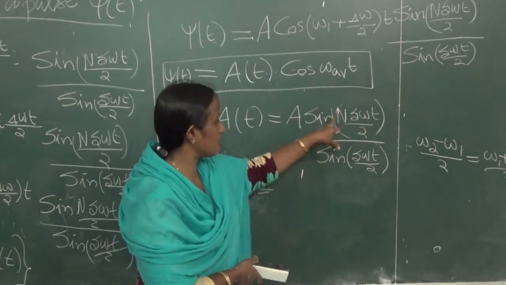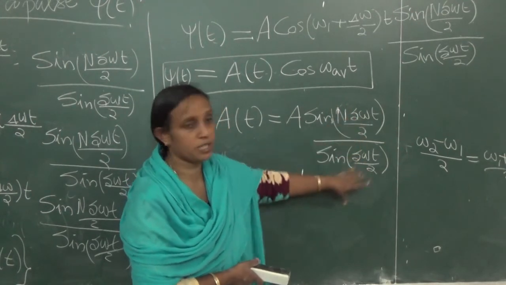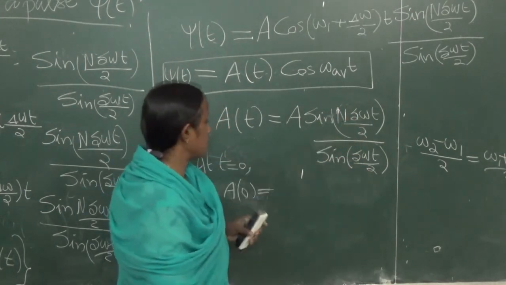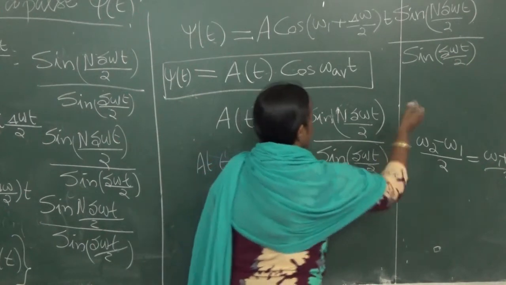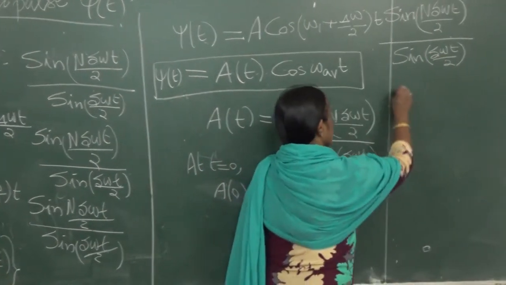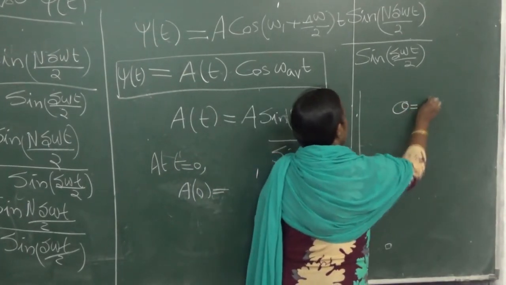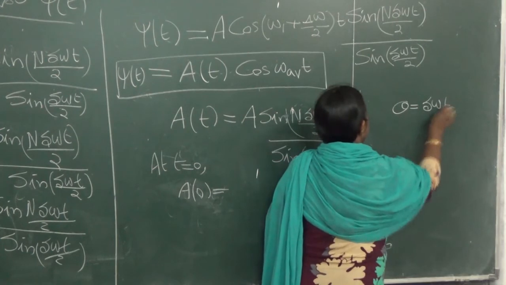What do we do then? We can expand these two sines in series. Suppose theta equal to delta omega t by 2.